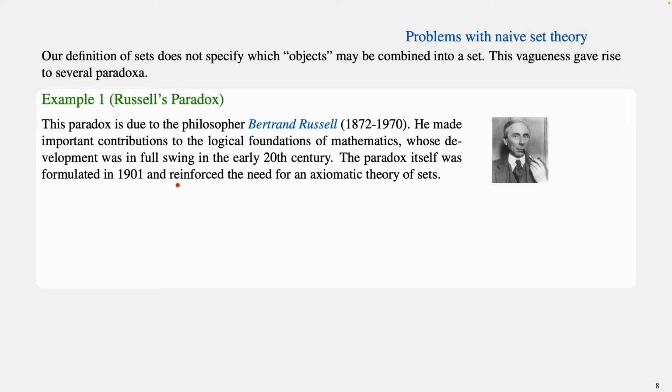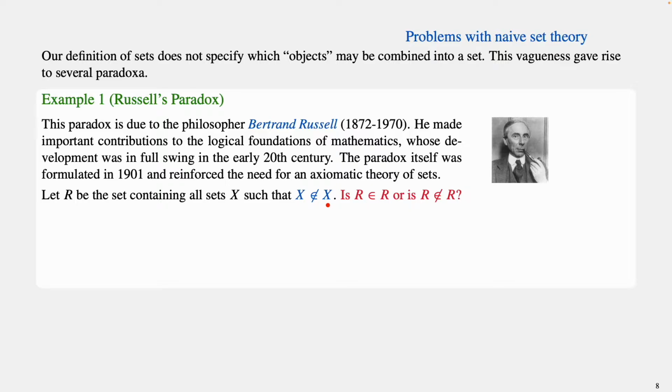And as I suggested before, this reinforced the need for an axiomatic theory of sets. So it showed that the naive set theory wasn't good enough. Now, this is the paradox. Let R denote the set containing all sets X, such that the set X is not an element of itself.